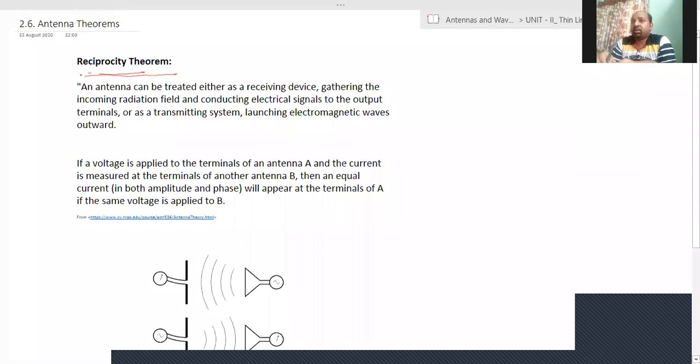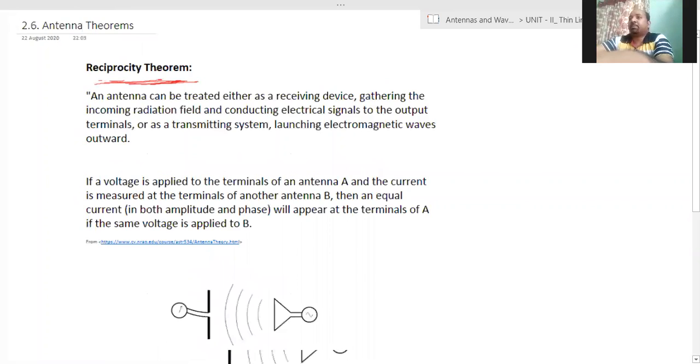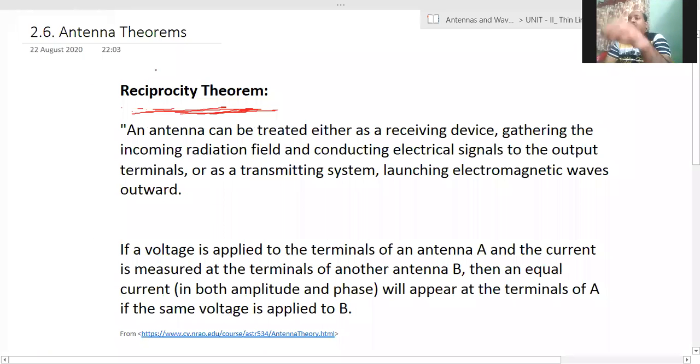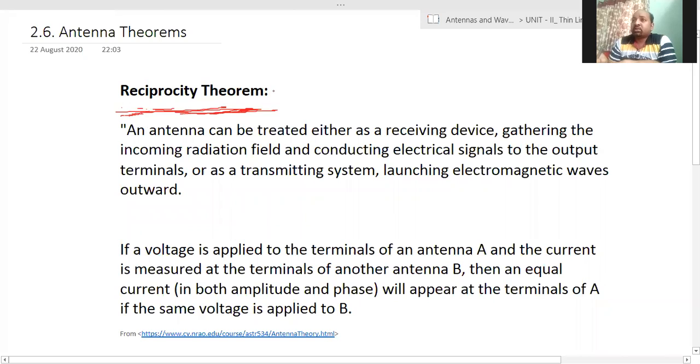Already in network theory you have studied the reciprocity theorem, maximum power transfer theorem, all those theorems. In network theory. So the reciprocity theorem and the maximum power transfer theorem are more often used in antennas.